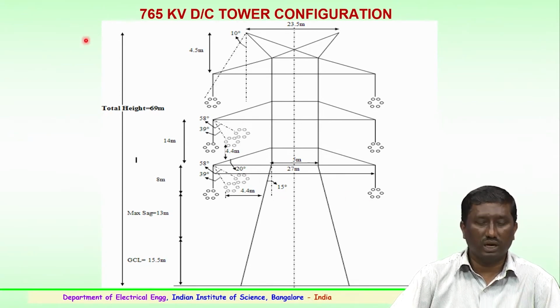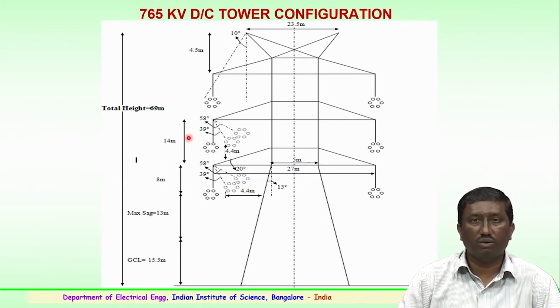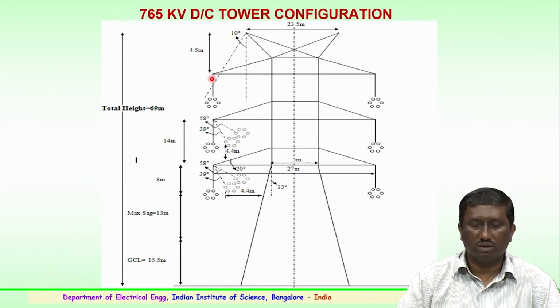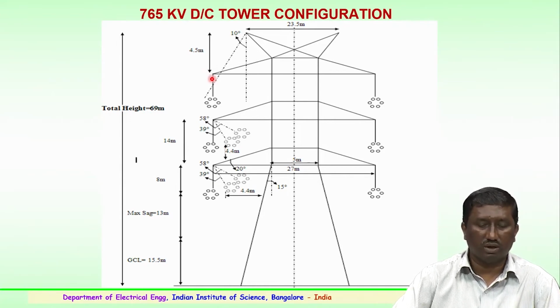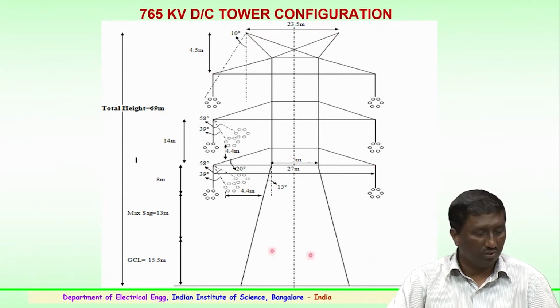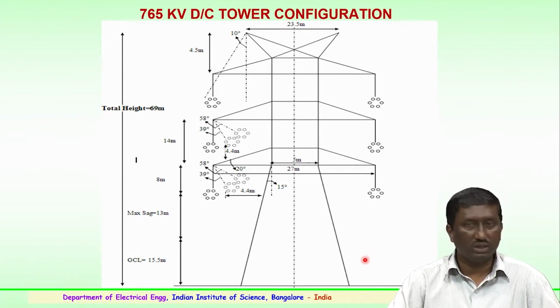You can see the total height and the maximum sag, the minimum clearances and the number of conductors which are employed, the hexagonal type of arrangement you can see, and the minimum clearance from the ground to the phase metal part, that is the tower edge, a minimum of 4.5, and the ground to ground is 23.5 meters. So, this is how the typical 765 kV double circuit tower configuration was designed or estimated for the construction.